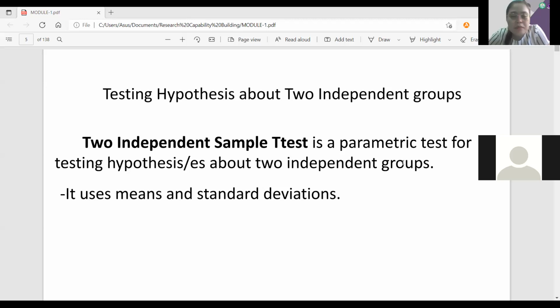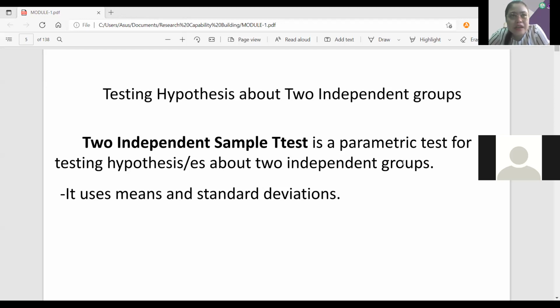These are real numbers, and most of the time these numbers are generated through experimentations in the laboratory. So again, that's the first thing that you need to know before you can decide what statistical test are you going to use. Okay?